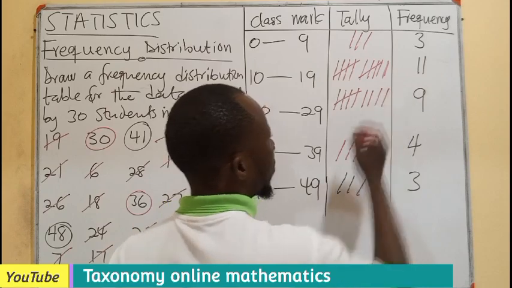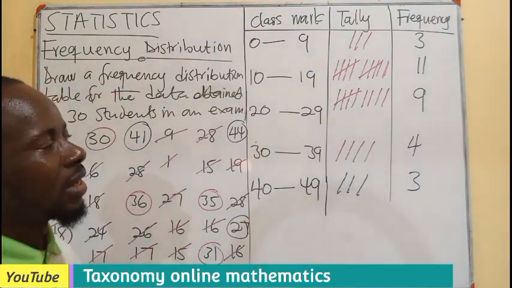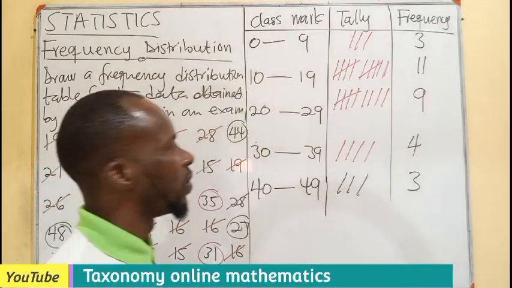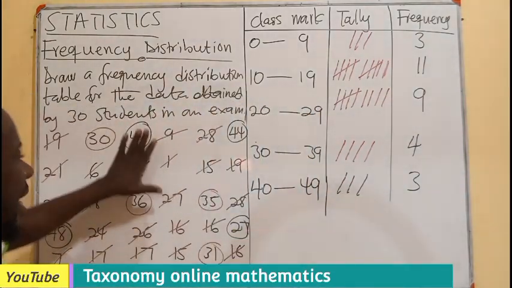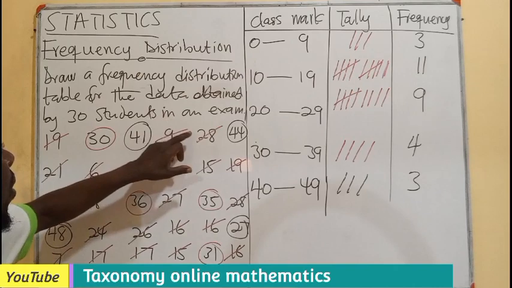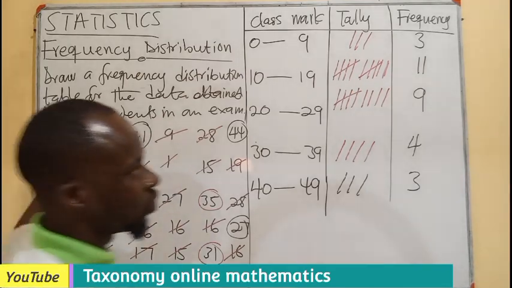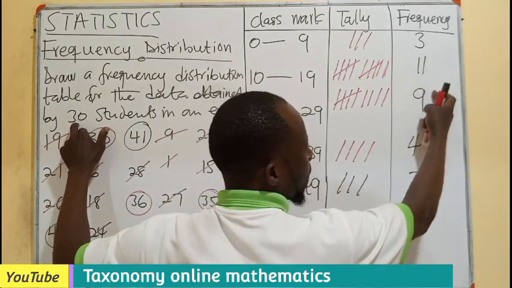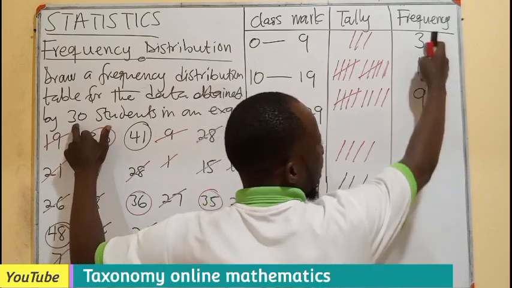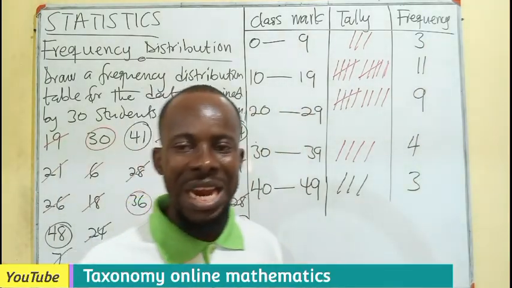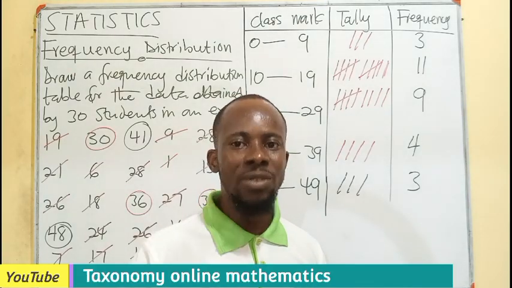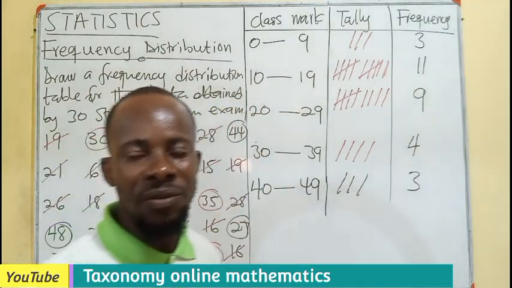And the tally becomes 9. Now when we are done, we need to see that the frequency can determine the data we have. We are talking about what? 30 students. So this is going to be 20, 27, and 30. So we are done with our frequency distribution of a quantitative data.